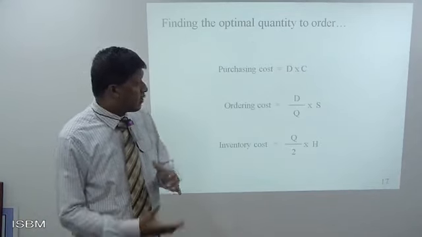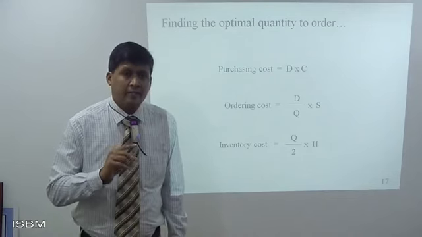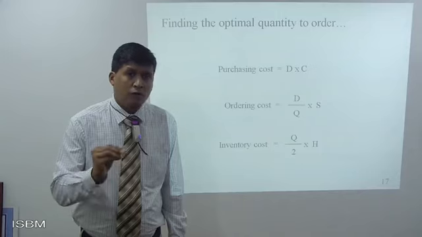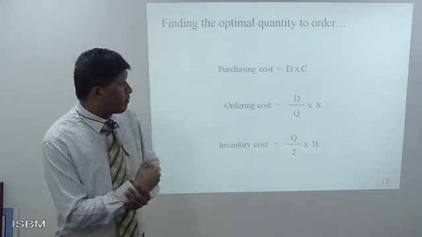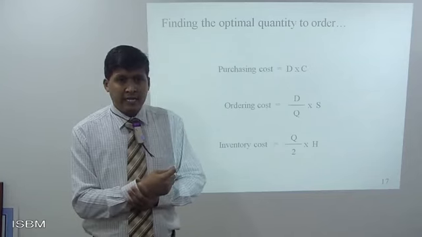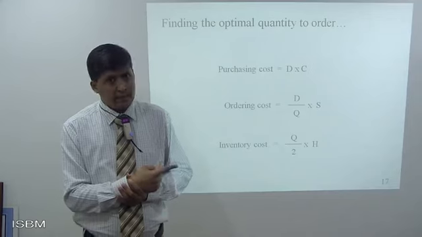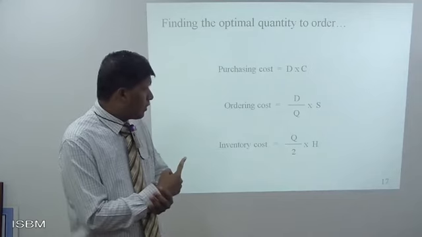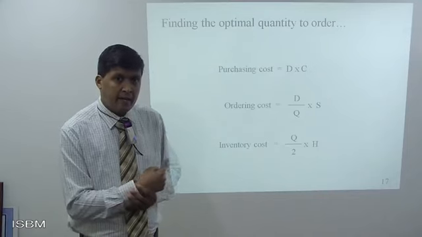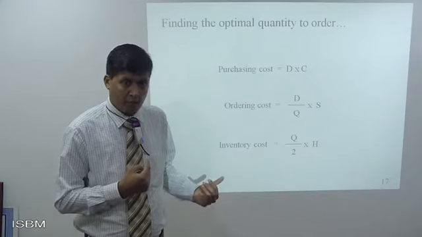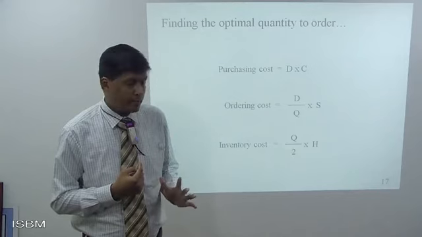So, finding the optimal order quantity. What is the end objective? The end objective is how much quantity should we buy. Purchasing cost is equal to D into C, where D is demand and C is cost. Ordering cost would be demand divided by batches of the product, D by Q, into S, the ordering cost.